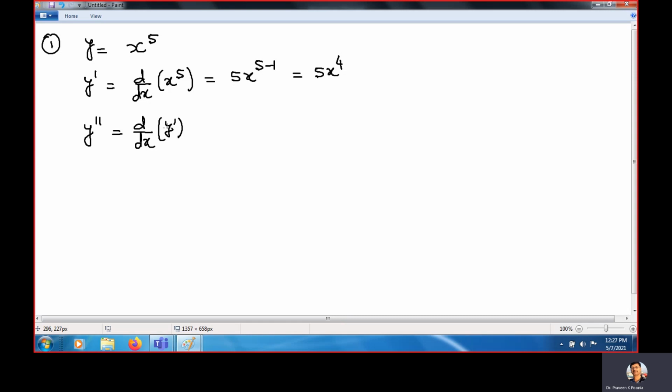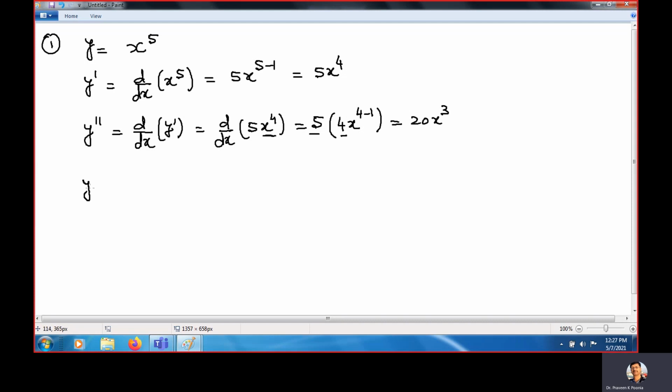Because we are calculating y double dash, we use y dash. So d by dx of 5x power 4. So 5 is out, and the derivative of x power 4 is 4x power 4 minus 1, and 5 times 4 is 20x power 3.